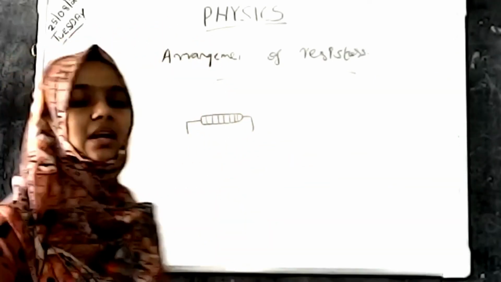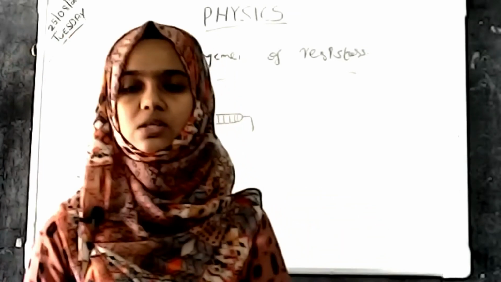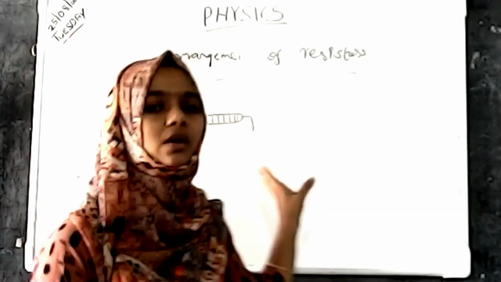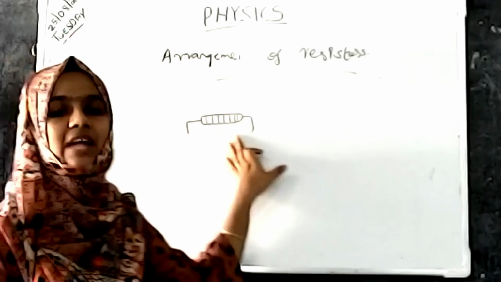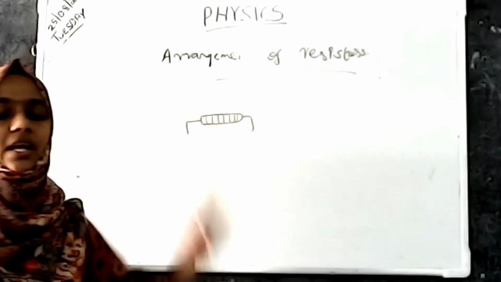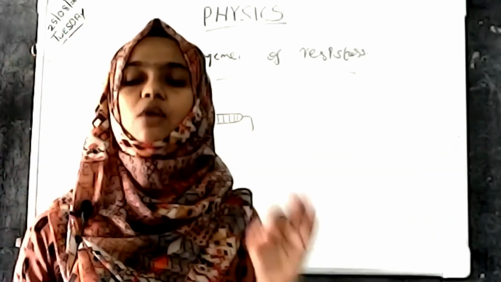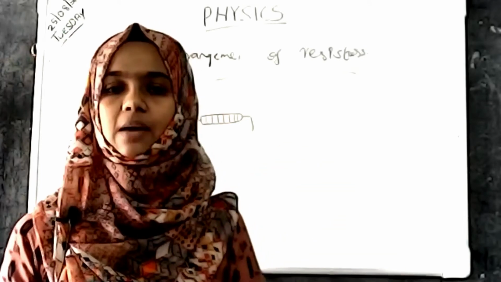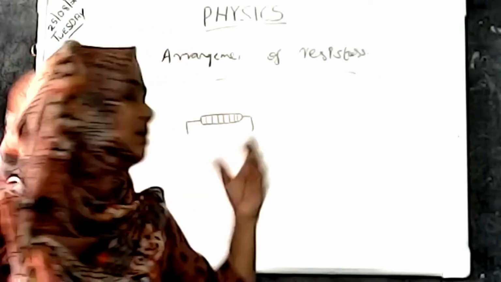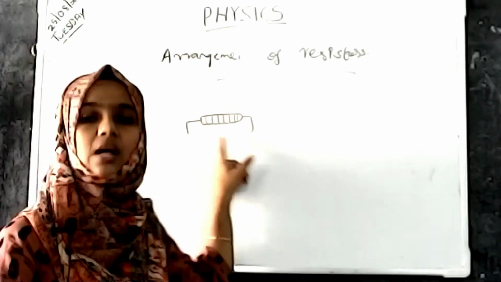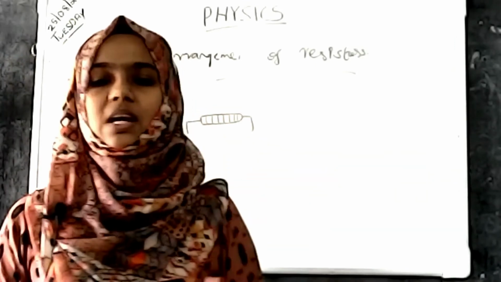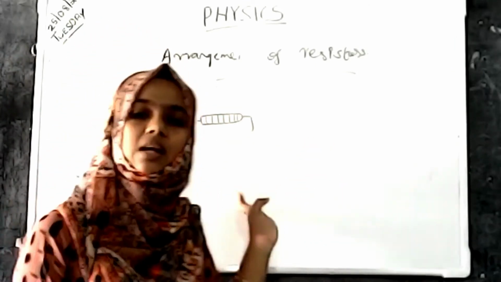For counting all of those colors and identifying the value of each color: if a red line is on the resistor, red has a value; if silver is on the resistor, silver has a value.